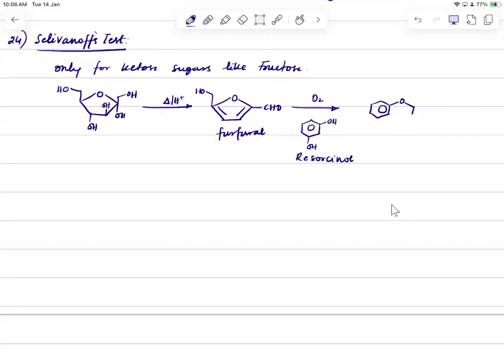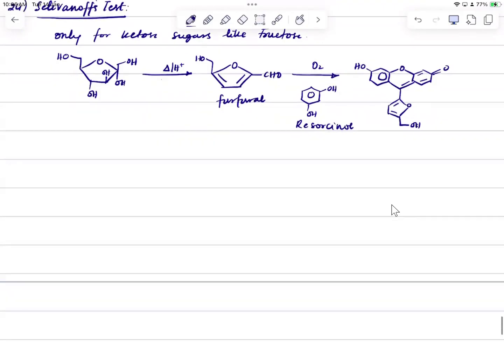From this oxygen's end here, this is how it is connected, and this is where it will connect to that furfural, correct? And here is that OH group. Sorry, this one is in the form like this, and OH group here. Okay, so this is that cherry red precipitate.